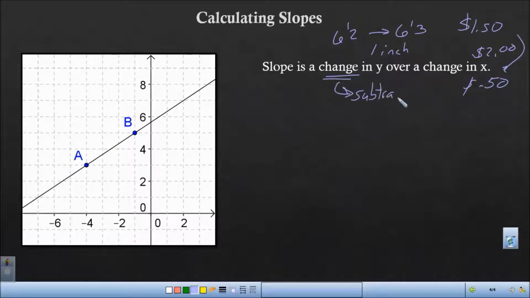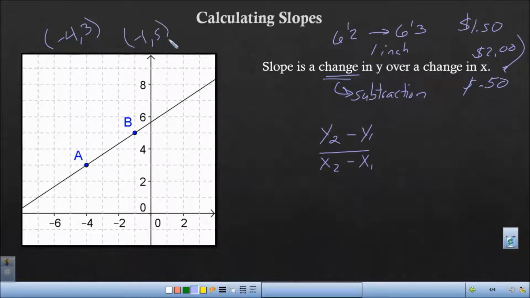So we're subtracting y values over x values. So we go y2 minus y1 over x2 minus x1. My A point has the coordinates -4, 3. My B point has the coordinates -1, 5. Now the way I'm going to do this is I'm going to pretend we're on the graph and we're walking. So this is going to be point number 1 and this is going to be point number 2.